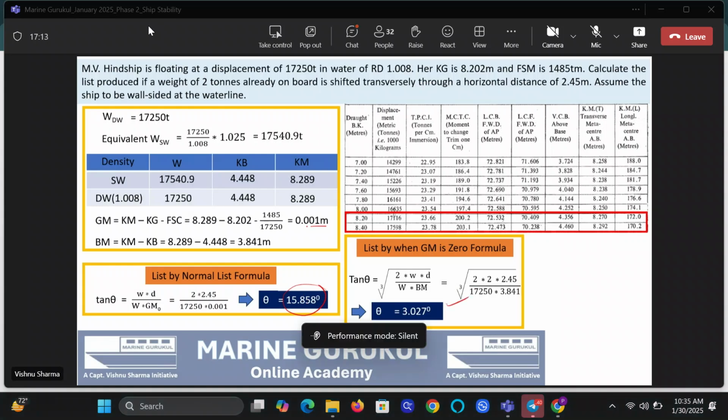If you make it 0.004, can you make it 0.004 and find out what list comes then? Can you change this and calculate, please? How much does it come?